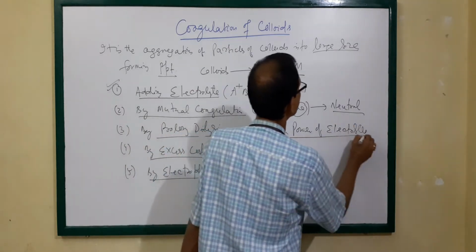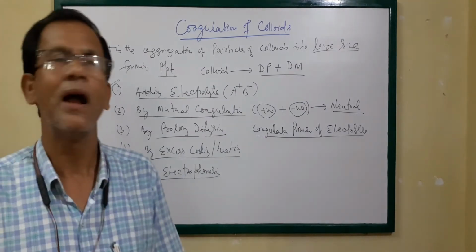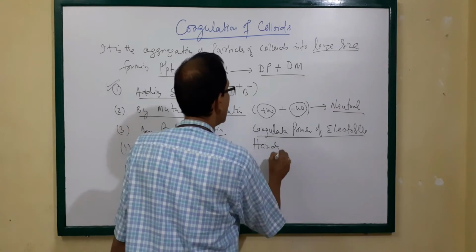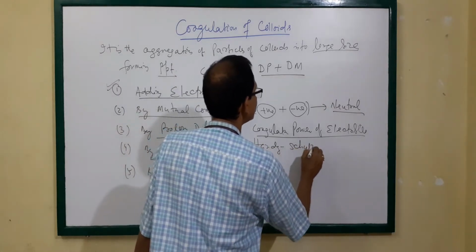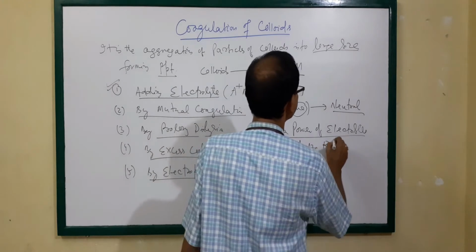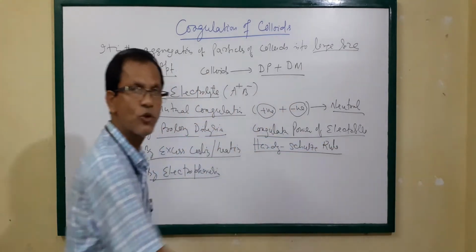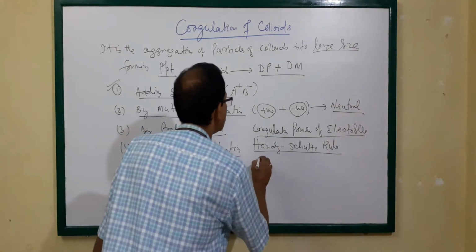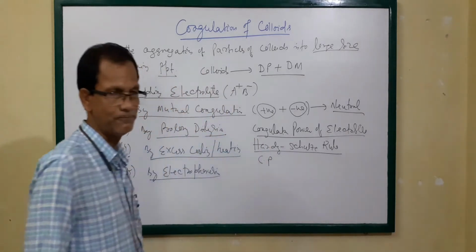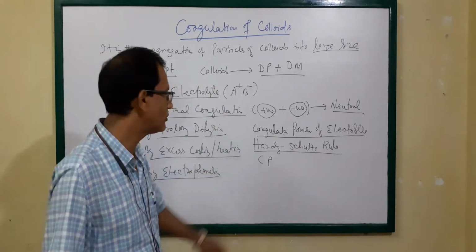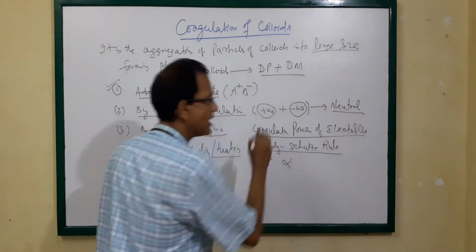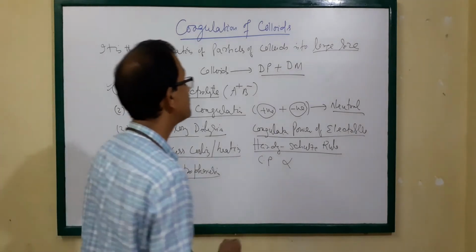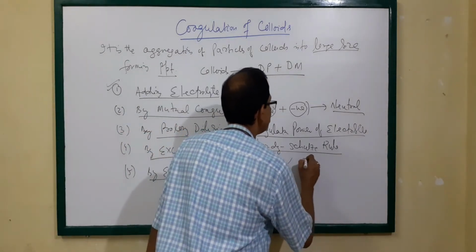Coagulation power of electrolytes was studied by Hardy and Schulze. Hardy-Schulze rule. What is this Hardy-Schulze rule? According to the Hardy-Schulze rule, the coagulation power of an electrolyte is directly proportional to the fourth power of valency of the ion.